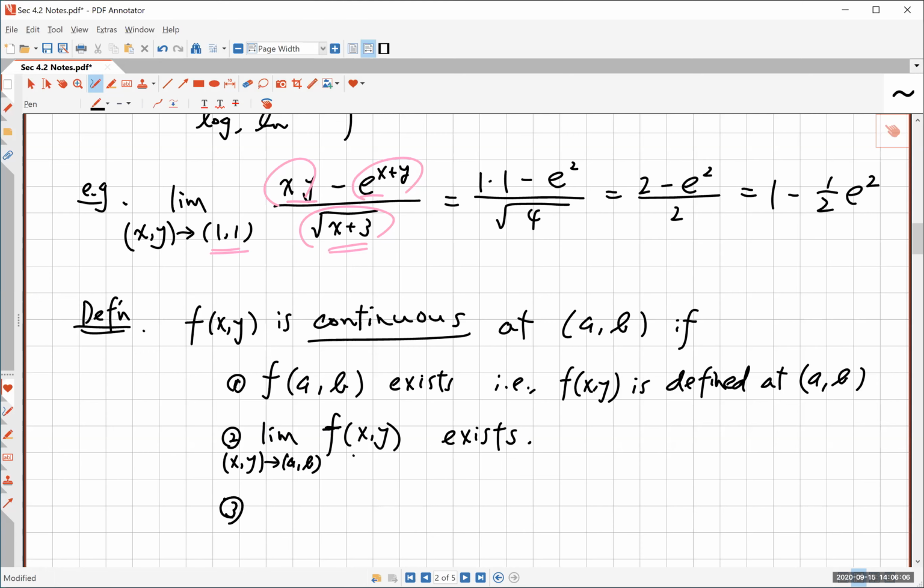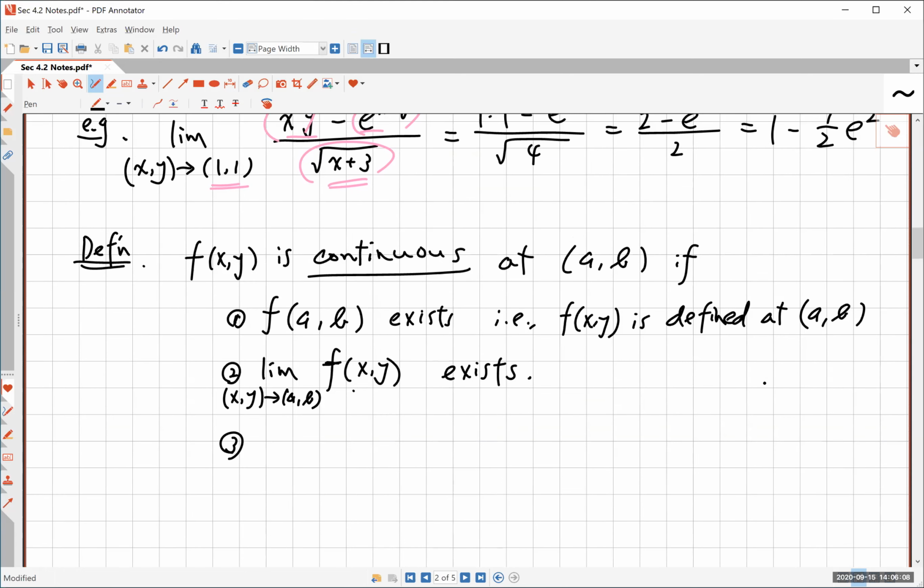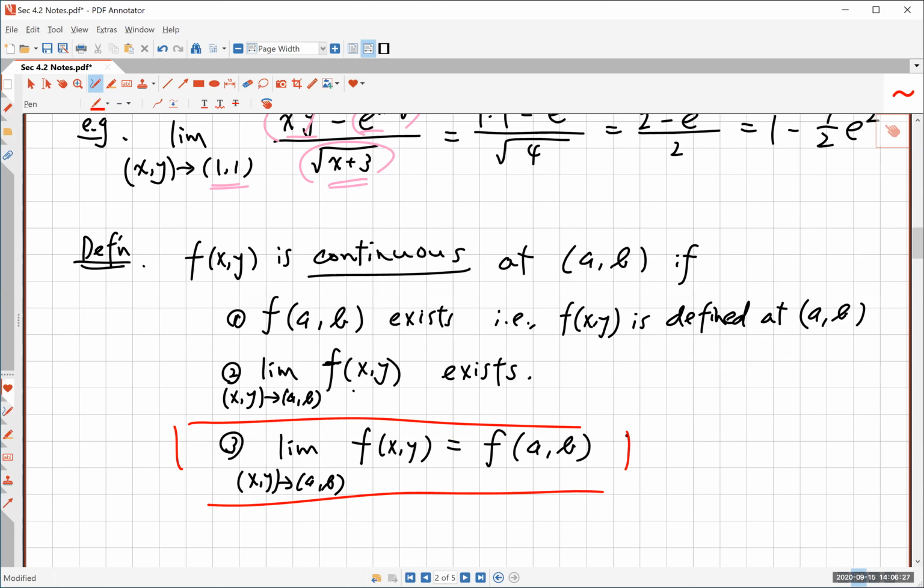Okay, and the third and the most important part of that is that these two numbers have to be equal to each other. So the limit of f of xy as xy approaches AB is equal to f of AB. Now, if you look really carefully at what I wrote here, this really is the key definition, right?